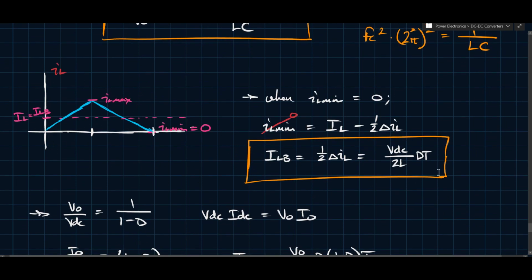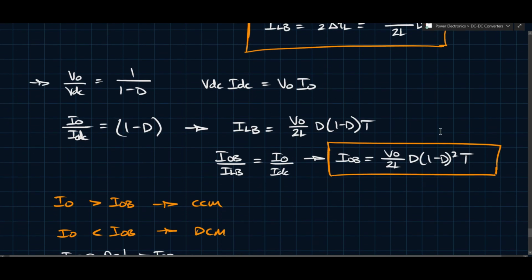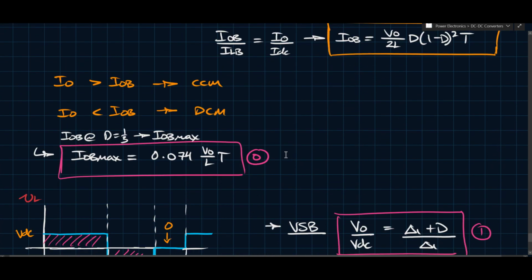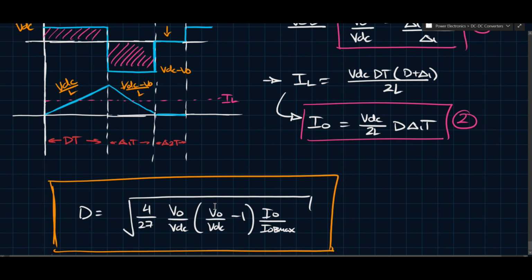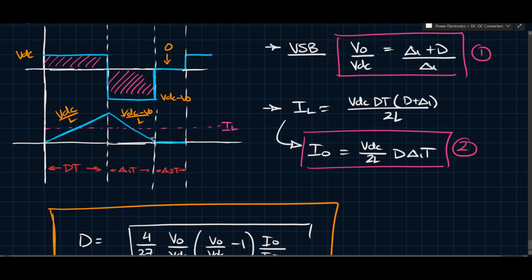The boundary current is a very important concept, so this should be very well understood. And we'll look at some examples in later videos as to how this can actually be properly used when analyzing circuits. And then we had an output version of the boundary current. And then the last thing we did was develop an expression for this duty cycle when operating in the discontinuous conduction mode.